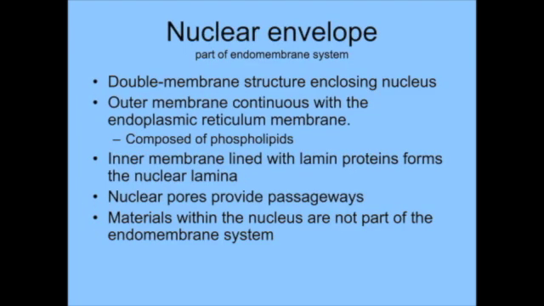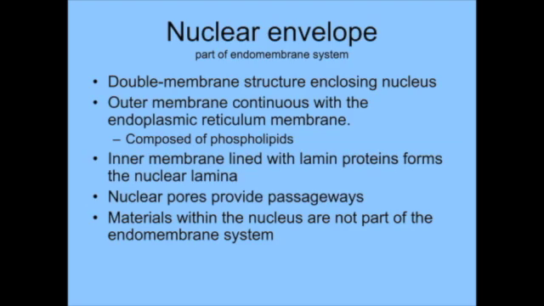The nuclear envelope is actually a double membrane, whereas we think of a phospholipid bilayer in our cell membrane. The nuclear envelope has two layers of phospholipids. The outer membrane is continuous with the membrane that forms the endoplasmic reticulum, in particular the rough endoplasmic reticulum.